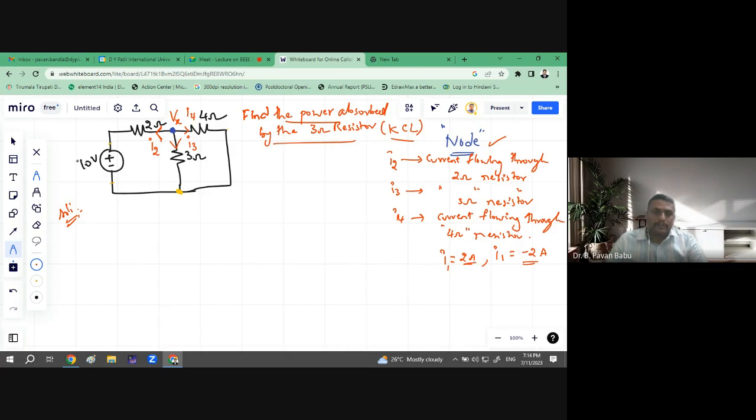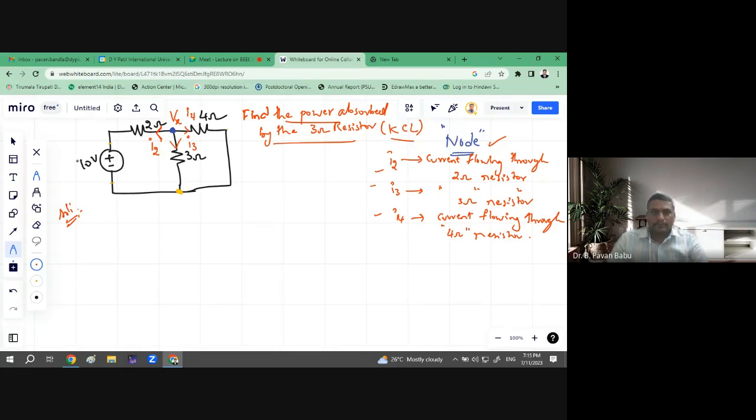That is why we can select any direction if they did not mention the direction of current in that particular branch. Okay. So I2, I3, I4 are all outgoing currents.